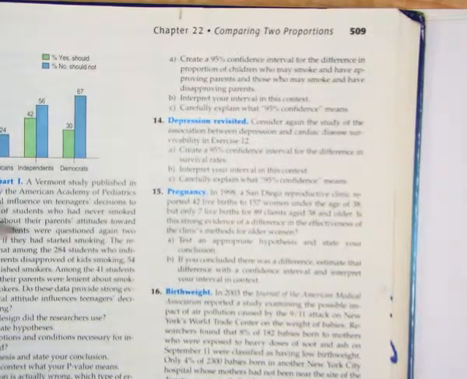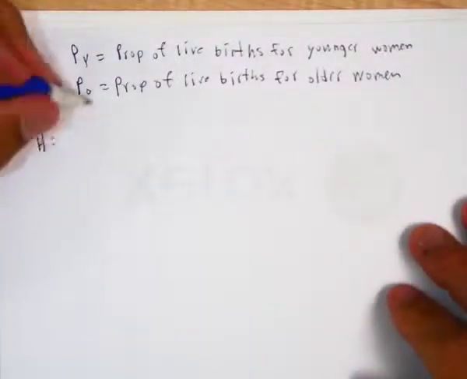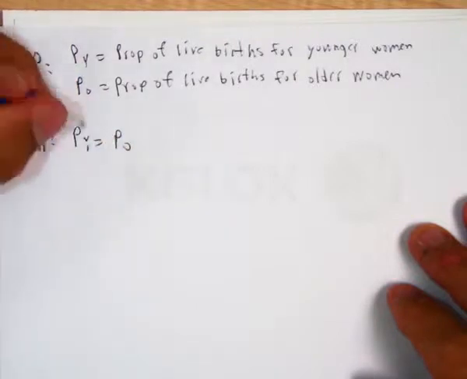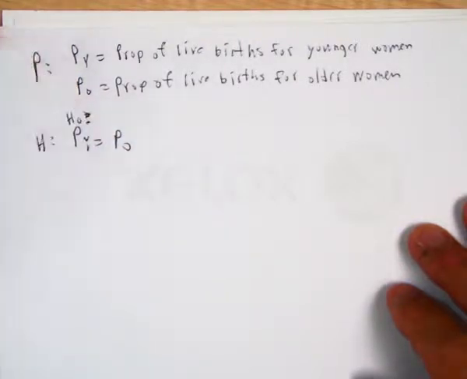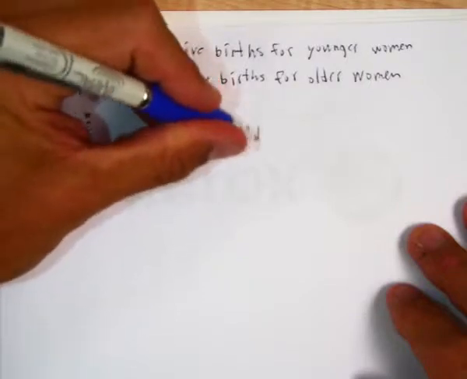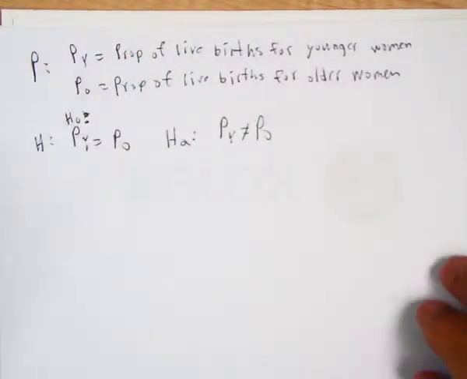They said, is there evidence of a difference? So we're going to do a two-tailed test here. So we're going to do p_Y equals p_O. That should be the null hypothesis, H sub O. And then the alternative hypothesis is that p_Y does not equal p_O. So that's going to be a two-tailed test.